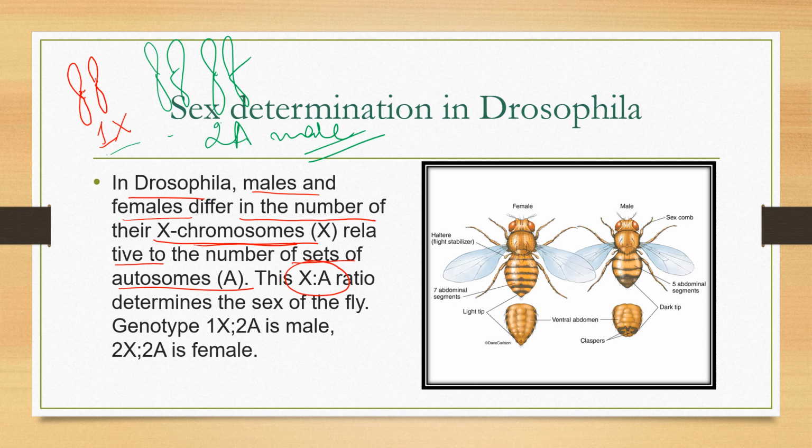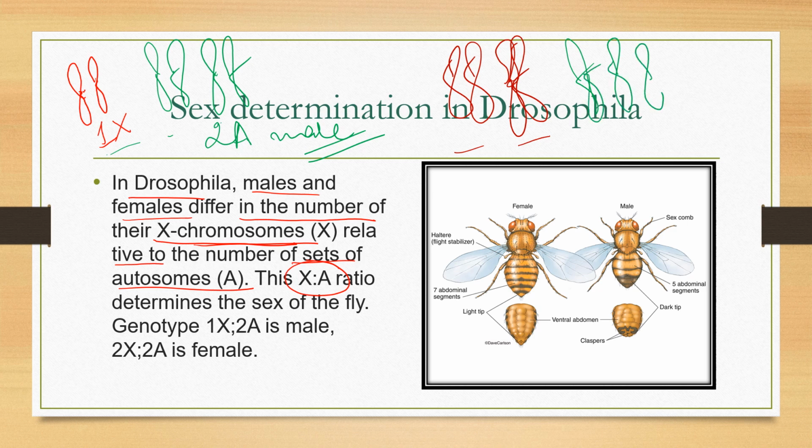Then what will a female be? When there are 2 X chromosomes, the ratio is 2X to 2 autosomes. Okay, 2 X chromosomes and there are two autosomes like this only, two sets of autosomes.